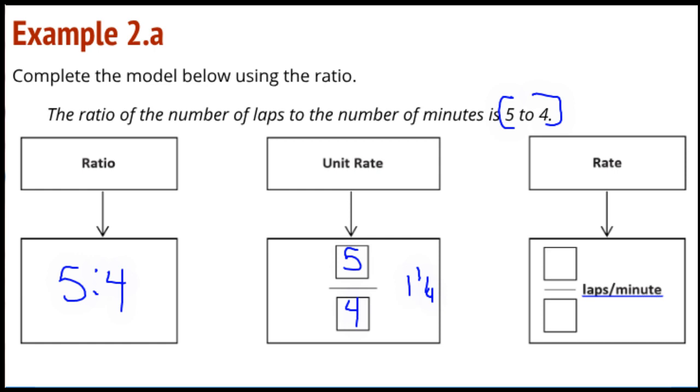And the rate was then also 5/4 laps per minute. And here in the rate, I now have my unit rate and my rate unit. So just visualizing the process that we went through in the last example.